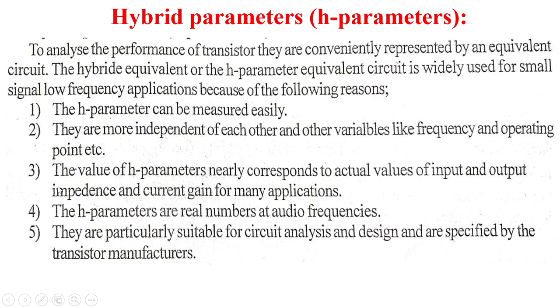Third, the values of H parameters nearly correspond to actual values of input and output impedance and current gain for many applications. And fourth, the H parameters are real numbers at audio frequencies and they are particularly suitable for circuit analysis and design, and are specified by the transistor manufacturers.